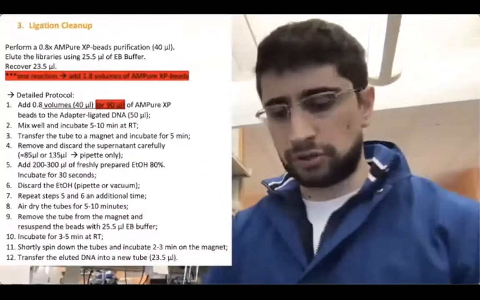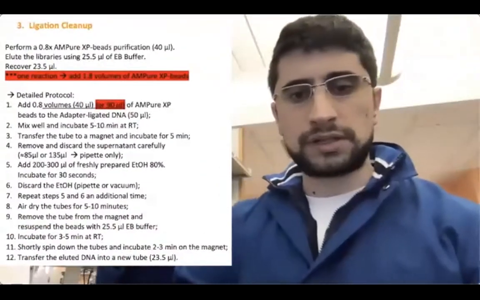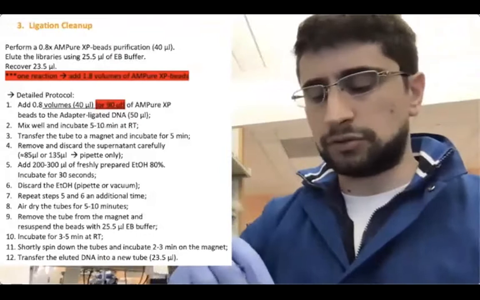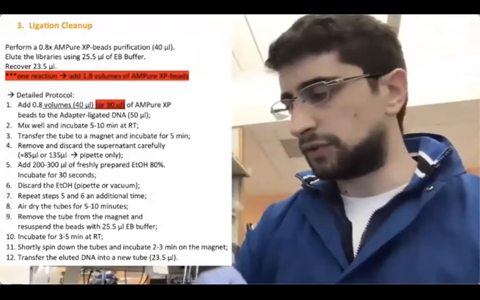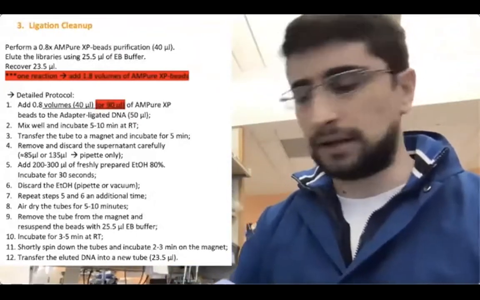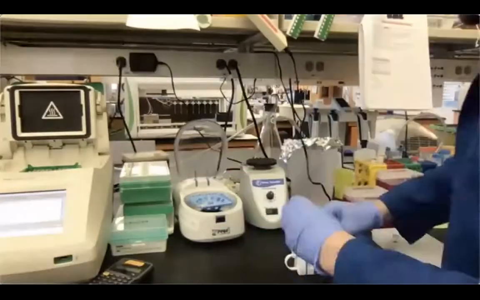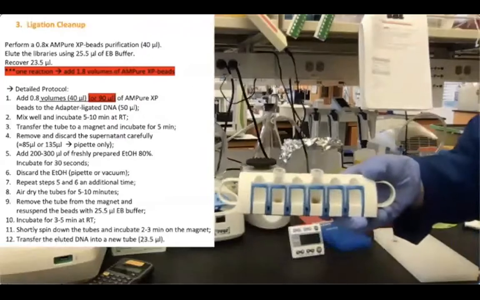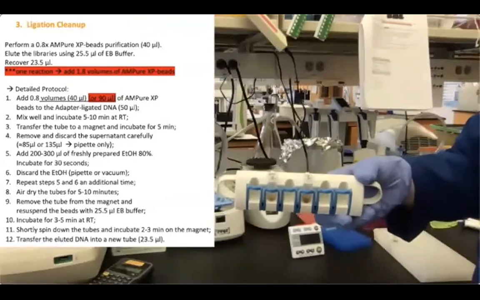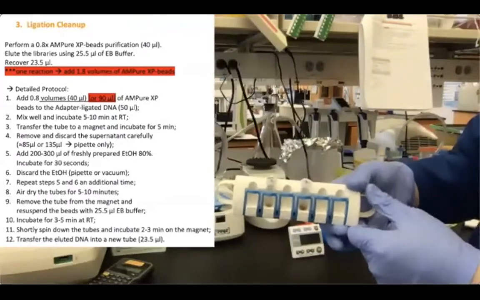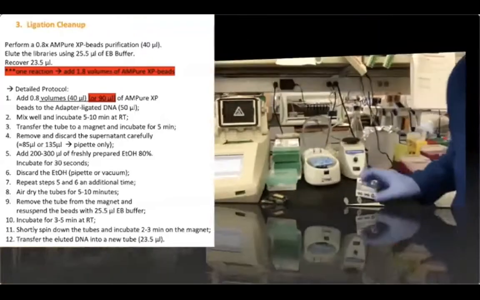Okay, so the incubation is almost over. What I usually do is I spin them down to collect everything at the bottom of the tube, and then we can put them on the magnet. So now we're incubating our samples on the magnet, and it's going to take around 4 to 5 minutes for the separation to occur.